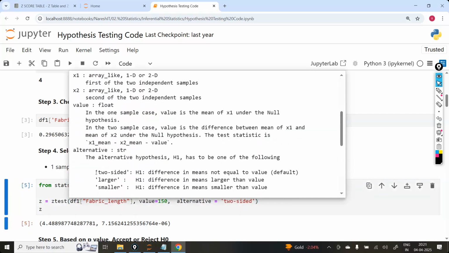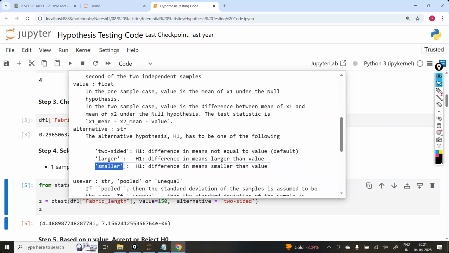Alternate is equal to two-sided, or larger. Larger means what? Right side, the greater than symbol in the alternate hypothesis. That is a right tail test. Smaller is for a left tail test. For a left tail test, what do you have to use? Smaller. For a right tail test, what do you have to use? Larger. For a two tail test, two-sided. In Python.